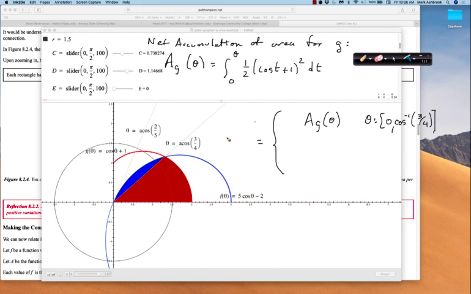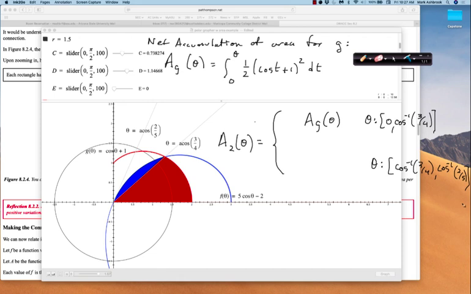Okay, what about the second part? So now I want the accumulation of area all the way through the red and the blue. So it's the accumulation of area now after. So what's the new range of angles here? Theta goes from cosine inverse of 3/4 to arc cosine of 2/5.